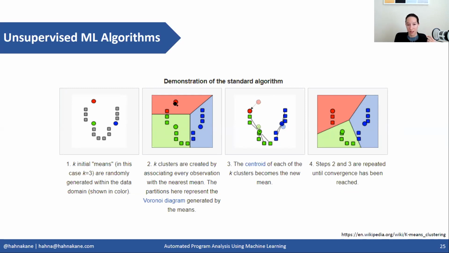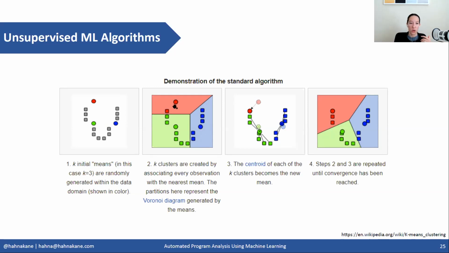So this one is going to be considered a part of the red cluster. These are considered a part of the green, and these for blue. And then once it does this initial clustering, the centroid of each of those k clusters is going to be recalculated, and it's going to create essentially the new mean position for that cluster, right?